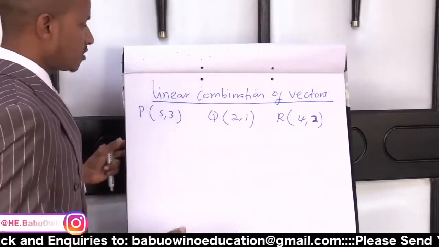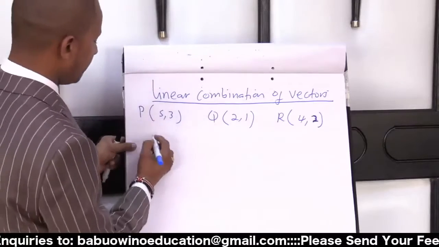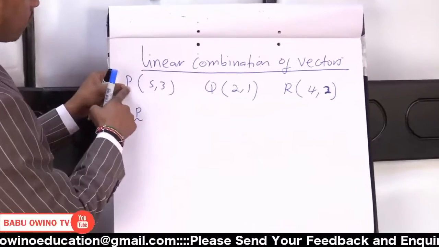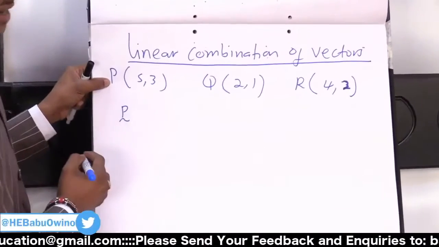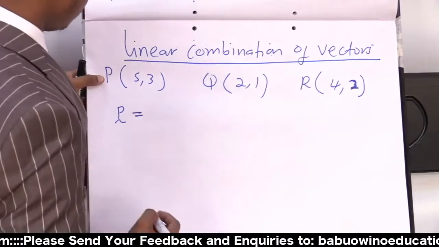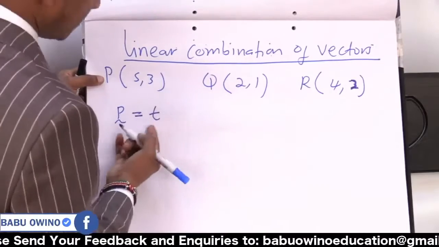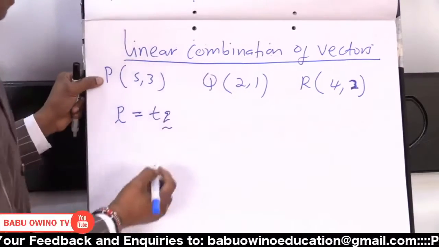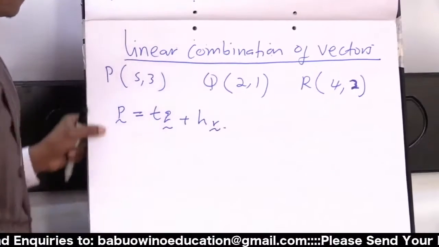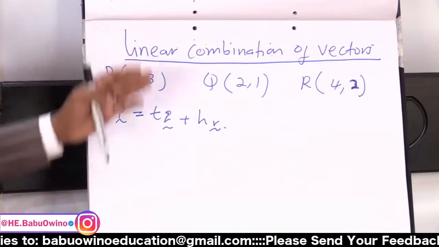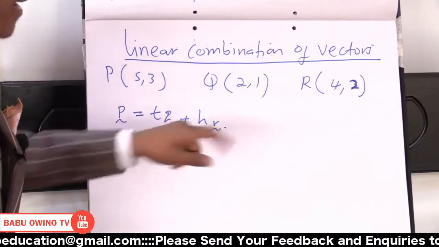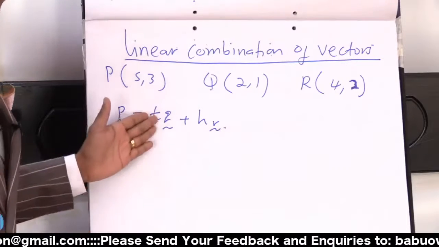Now, in such a situation, do not panic, just write vector P, transform this into vector form. So the position vector OP is P, which equals, introduce a scalar T, scalar T of Q, the position vector of Q, plus a scalar H of R. If you're given such a challenge, just write P in terms of Q and R, but introduce scalars.